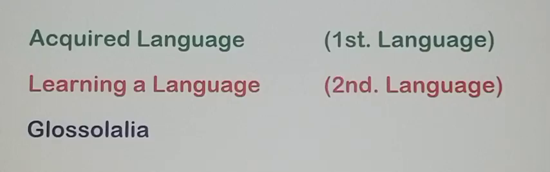Number one is glossa, which means tongue or language. And number two is lalia, which means to speak or to make a sound. Glossolalia is also known as speaking in tongues. Speaking in tongues is the second name used for glossolalia.